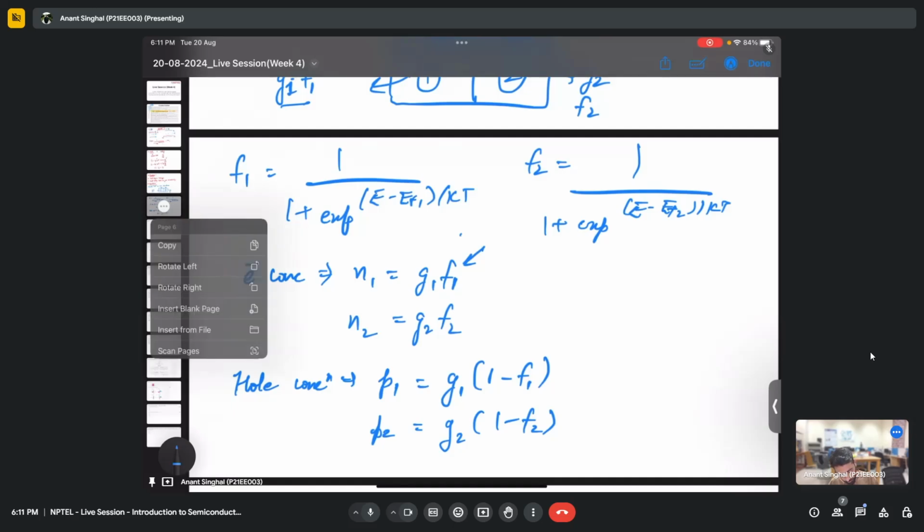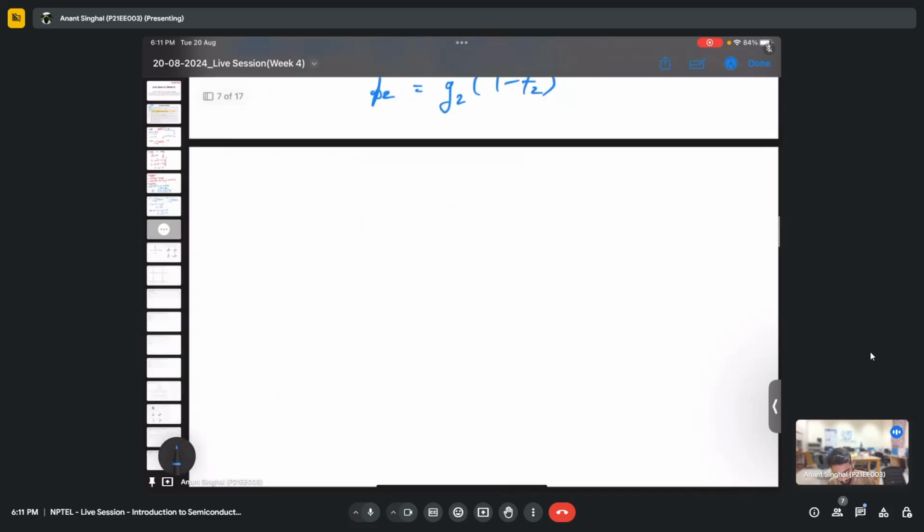Okay. A key thing to notice is, as I'm talking about equilibrium, the flux from left to right and right to left will be equal. Flux means the change of concentration.